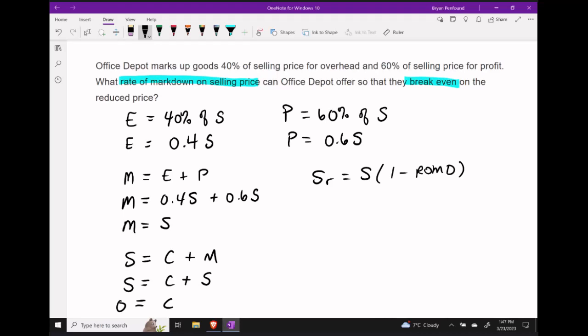And in order for us to break even on the reduced price, we need to make sure that the reduced price can account for both our costs and our overhead expenses. We know that the costs to bring the goods into us are $0, and our overhead expenses are 0.4 times capital S.